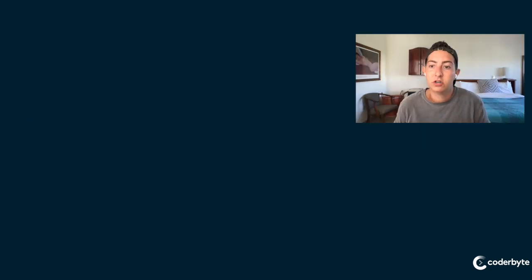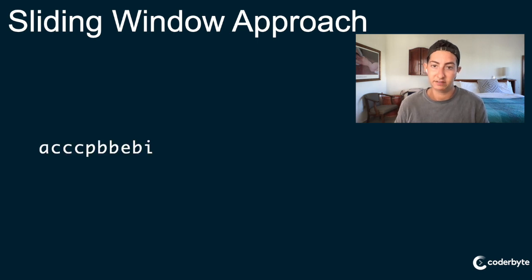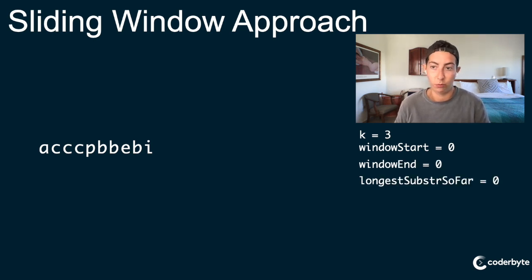Okay, so what is our sliding window approach for this problem? How are we actually going to use the sliding window pattern to solve it? I have an example right here. It's the same string as before, and k is equal to 3. Again, these are the same variables that we've been using all throughout this chapter of the series: window start, window end, and the longest substring so far, similar to the longest-whatever from the other problems.